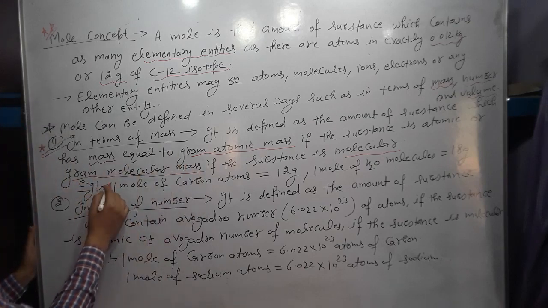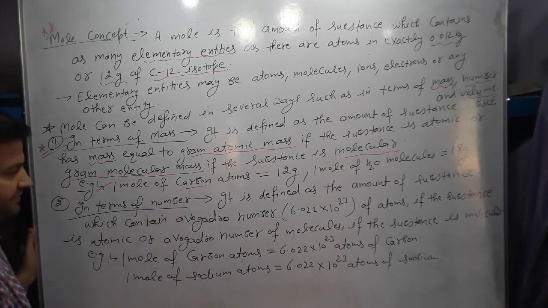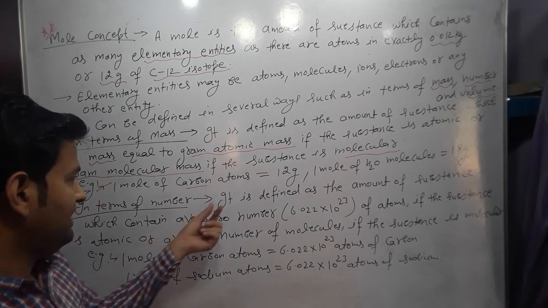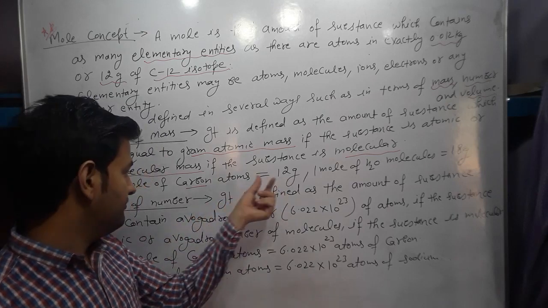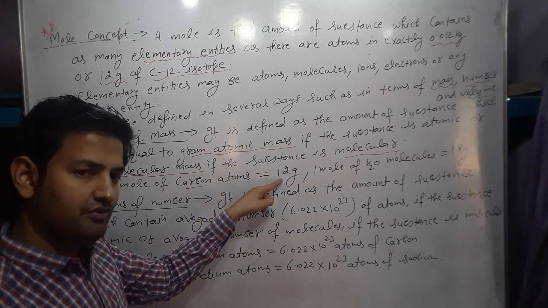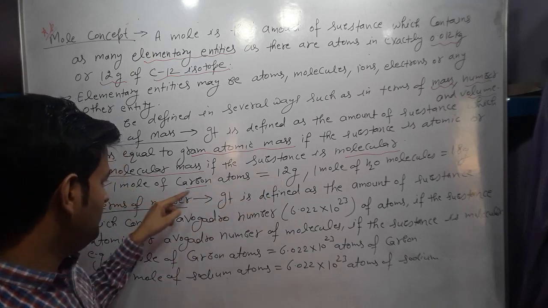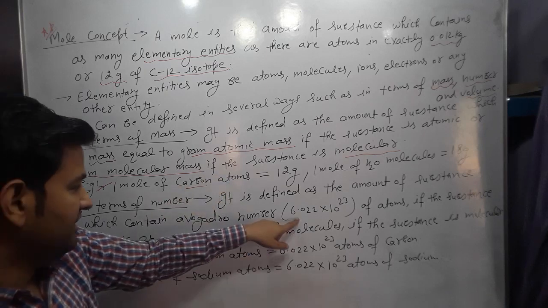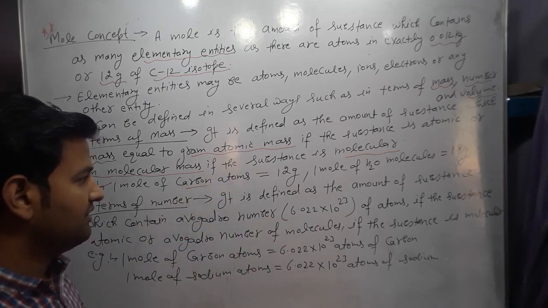Let's take an example. 1 mole of carbon atom. The atomic mass of carbon is 12 gram. It means 12 gram is the mass of 1 mole of atoms of carbon. It is not the mass of one atom, it is the mass of 1 mole of carbon atoms. And 1 mole means the quantity is equal to Avogadro number.